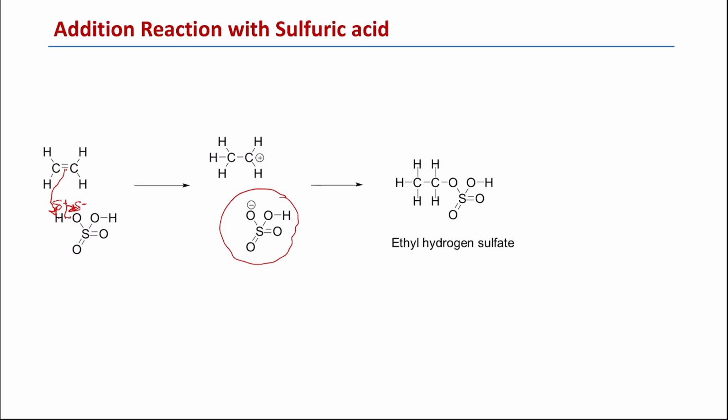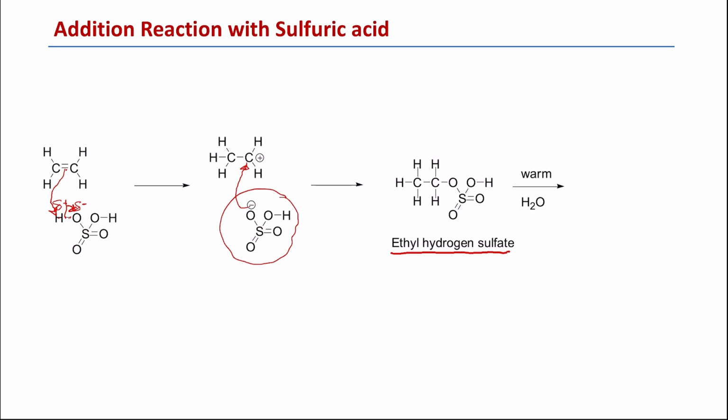The second step is that this hydrogen sulfate, this oxygen with a negative charge, will attack the carbocation, the carbon with the positive charge, and that will give us the first addition product, which is ethyl hydrogen sulfate. This is the original addition product of the sulfuric acid with ethene.